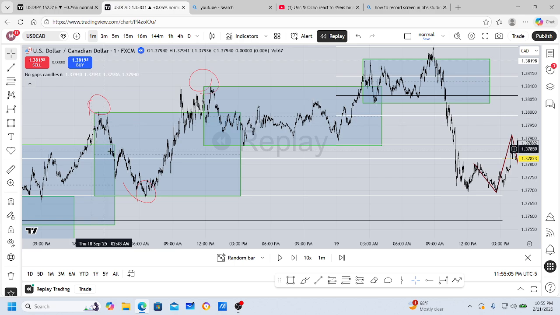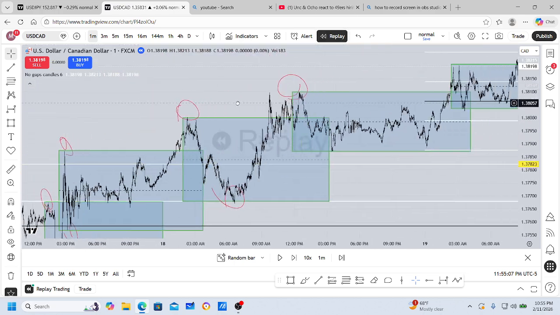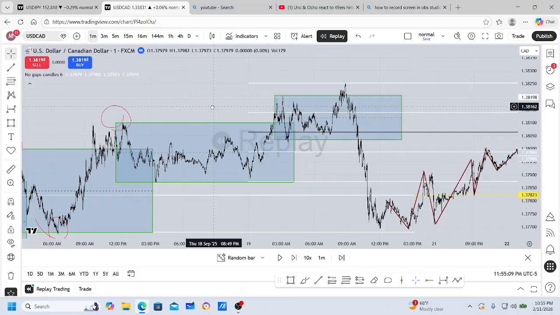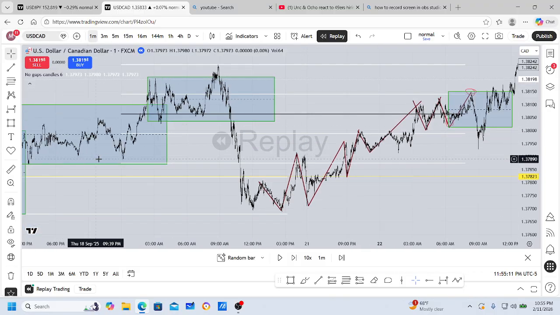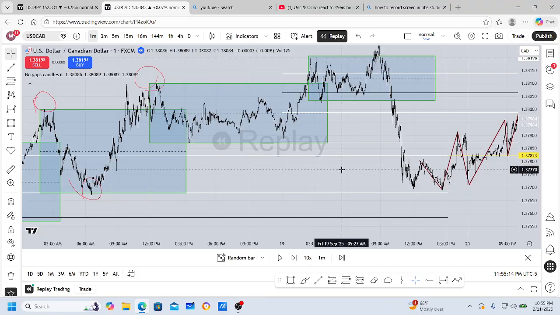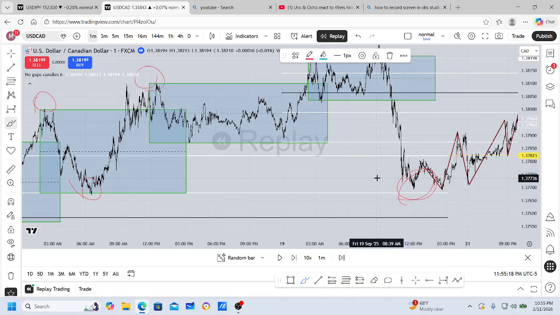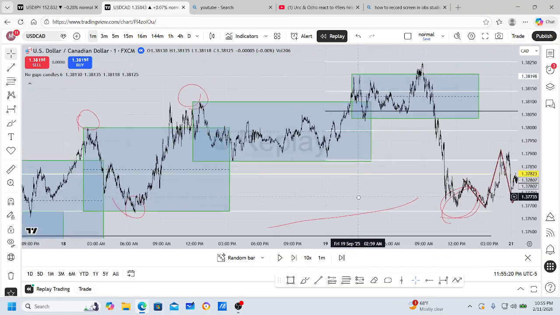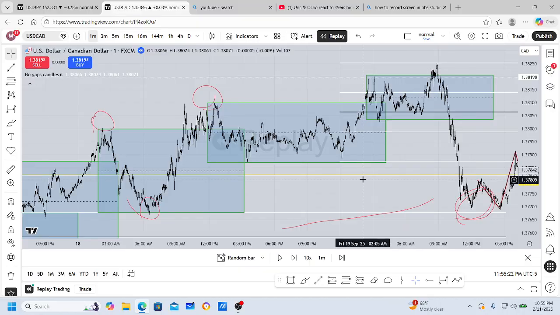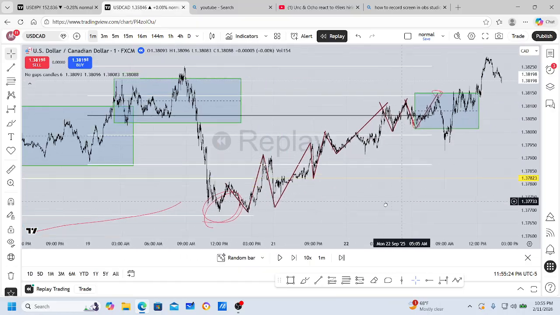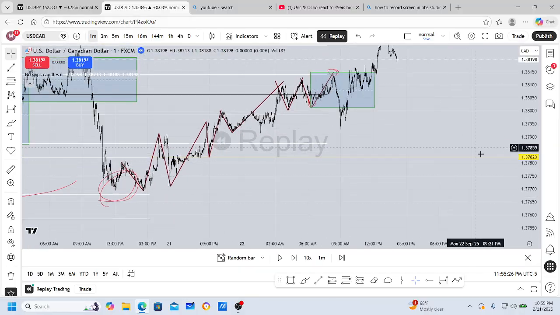Let me see how many swings we got. 1, 2, 3, 4, 5. We ran this low. We didn't run this low. So we shouldn't really anticipate things going all the way down here.